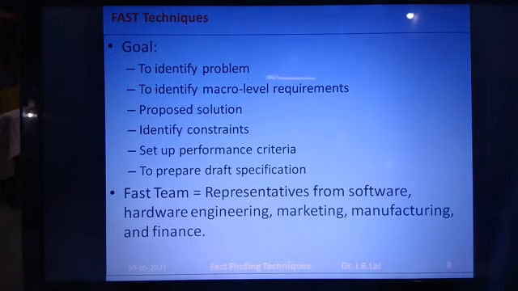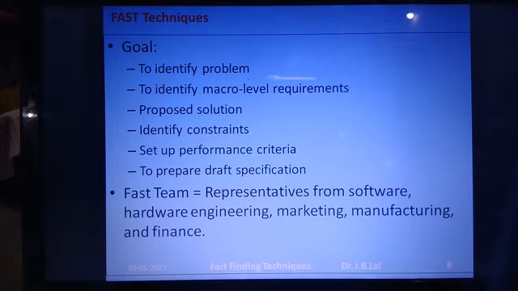So what is the goal of the FAST technique? It is to identify the problem, to identify high-level or macro-level requirements and the proposed solution, to identify constraints, to set various performance criteria, and finally to prepare a draft specification.